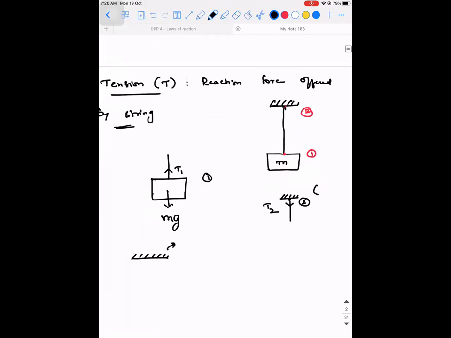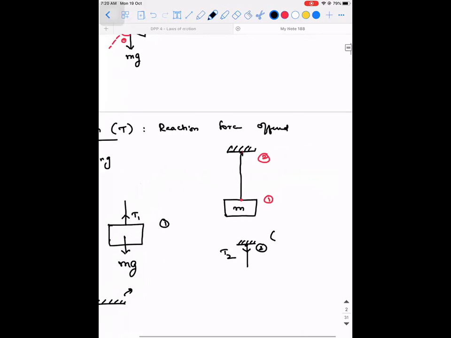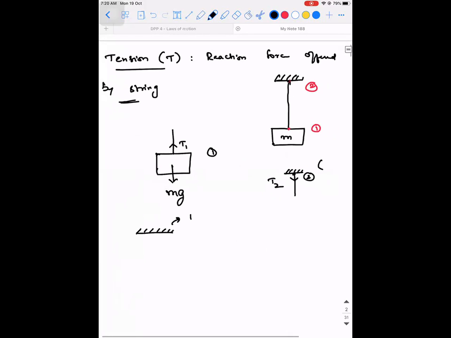See, for you to imagine, I'll give you a simple example. Listen, this is a ceiling which is made up of iron. Let's say you have suspended a 5-kilogram block through a string, and the string is strong enough to hold it. Similarly, you have another string where, let's say I've given you a project, where that project has to be done using a thermocol.